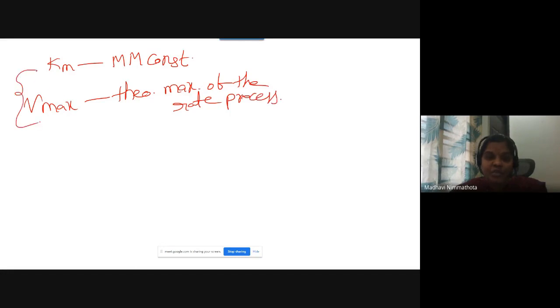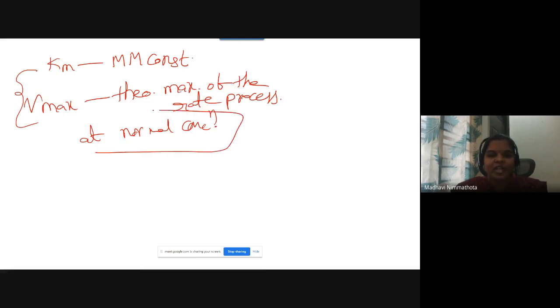For that reason we are going to estimate these two parameters by using different kinds of methods. Those are the Lineweaver-Burk plot, Hanes-Woolf and Augustinsson. So these three plots will explain how to calculate Km and Vmax at normal concentrations. Okay, at normal concentrations.